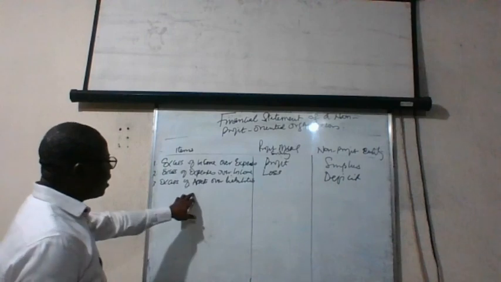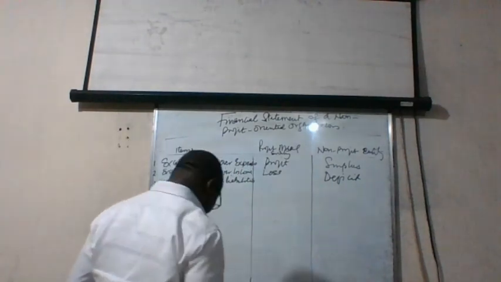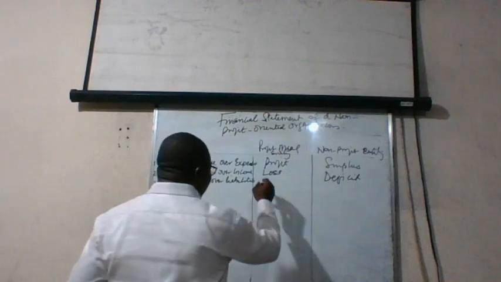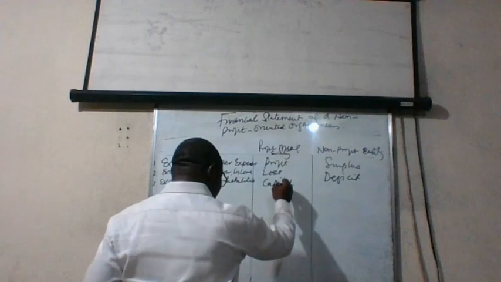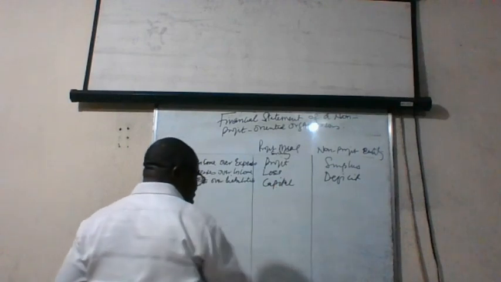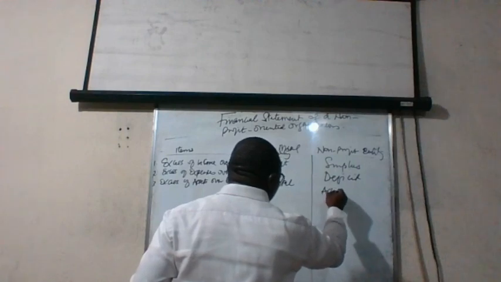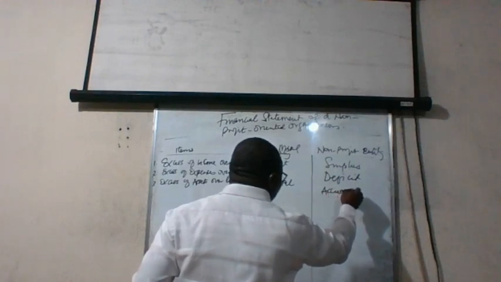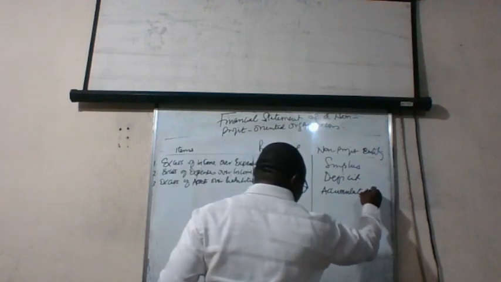Now, when the assets are more than liabilities, what does the profit-making organization call it? They call it capital, while the non-profit organization will call it accumulated funds.